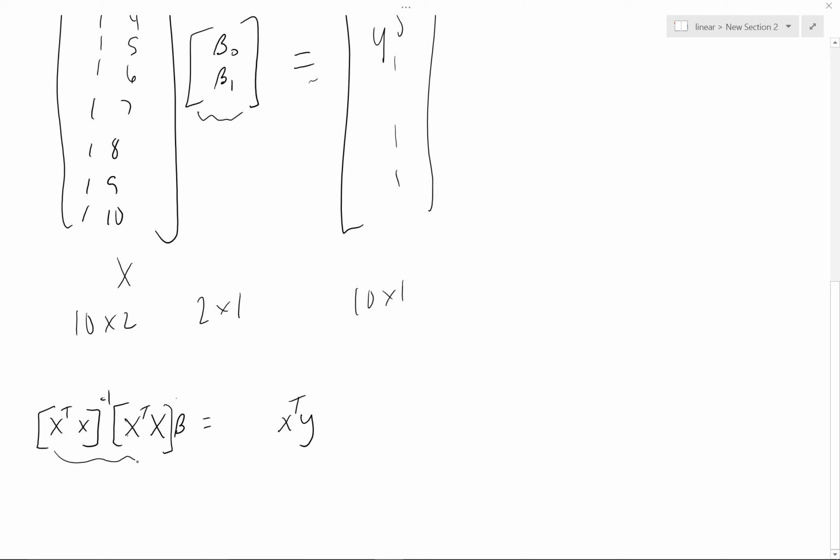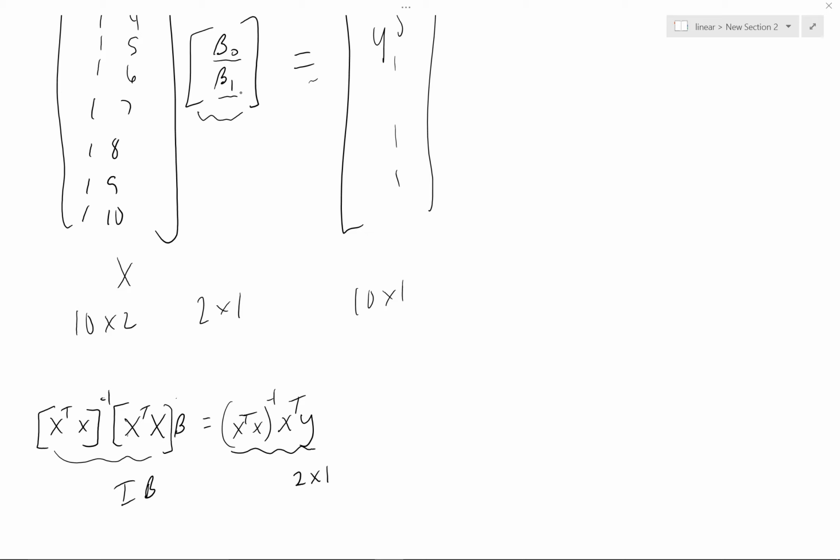And this all now becomes the identity times beta. Of course, if I do it to this side, I must also do it to this side. And when you multiply it out, it will be a 2 by 1 matrix, where the top one is beta naught and the bottom one is beta 1.